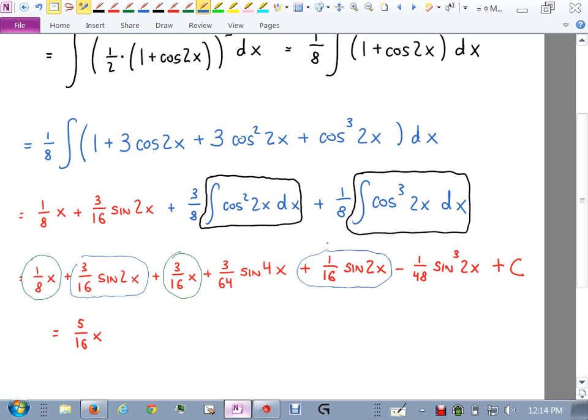That's 4/16, which is the same as 1/4. So we have 1/4 sine 2x, sorry. And then everything else, right? The rest are not like terms. Here we go.